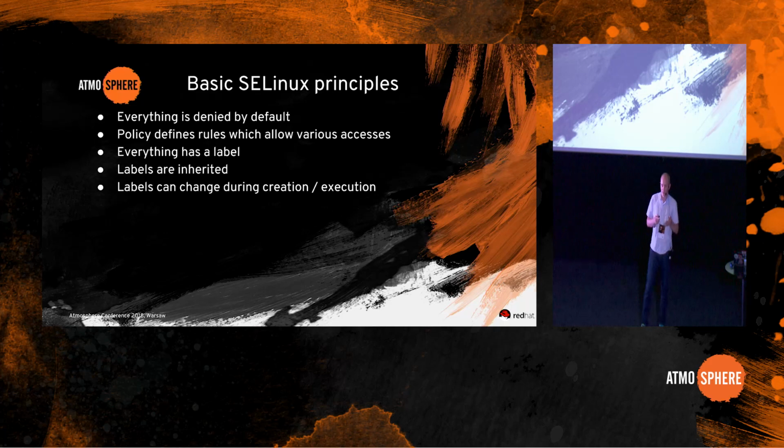A file inherits its label from the directory where it is located, unless, of course, SELINUX policy tells otherwise. And labels can change during creation or execution. Creation means when a new file, new device, or new directory is created, and execution means when a program is executed, when a child process comes into existence.